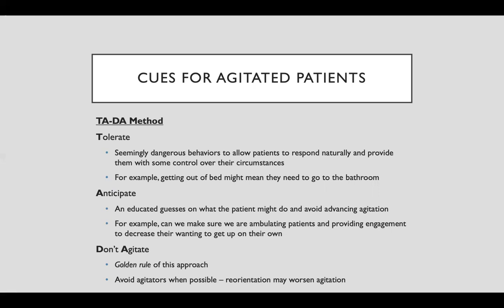So, for example, getting out of bed might mean that they need to go to the bathroom. So, how can we help facilitate that to tolerate this behavior? The next is an A, and it's anticipate. And we're anticipating an educated guess on what the patient might do and how to avoid advancing agitation.